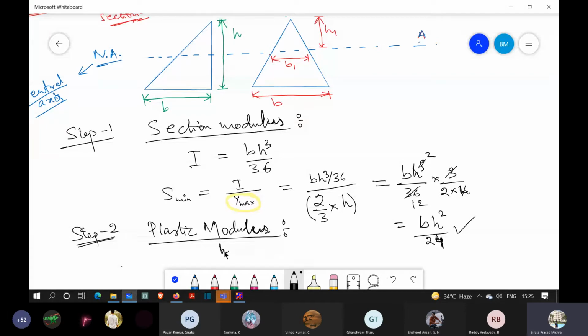Can I write H1 B1 by 2 equals half of BH by 2? Can I write like this?